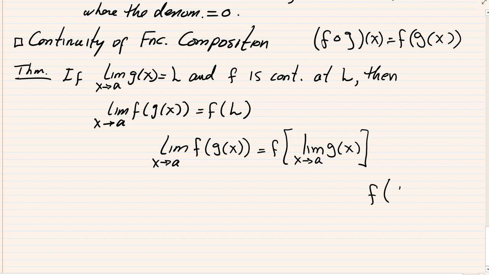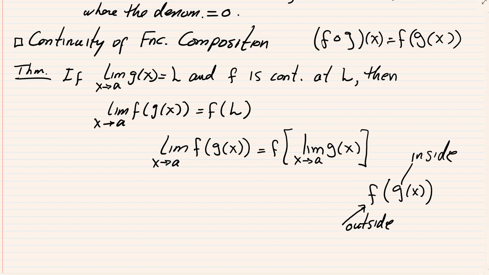When we have f of g of x like that, this will be my outside function because it's on the outside, and that would be my inside function. So that's what this limit is doing. The limit of the composition is you just take the limit of the inside and evaluate the function at that limit, because remember, the result of this limit is going to be a number, right? And then you do f at a number, so you're going to evaluate the function at a single point. Okay.